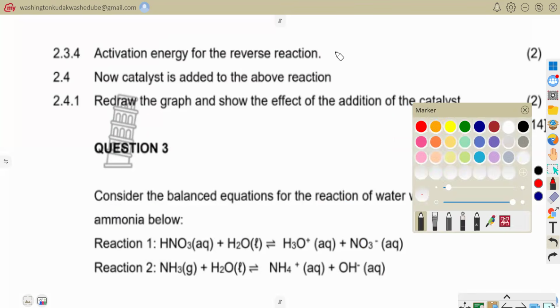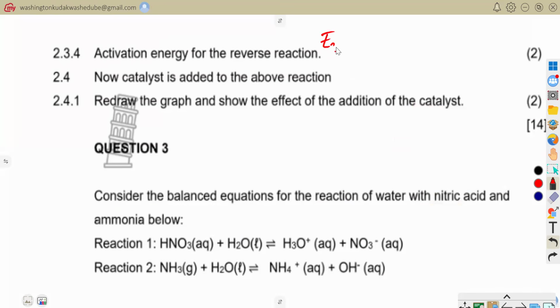For us to calculate activation energy, we usually say that activation energy is equal to the energy of your activated complex minus the enthalpy of reactants. Because now it's a reverse reaction, we will subtract the enthalpy of the products, because the products now become reactants. That is what we are looking for on our graph. That is for 2.34.